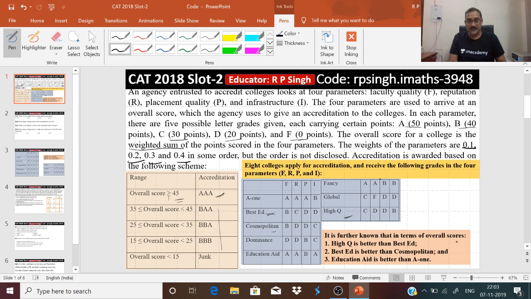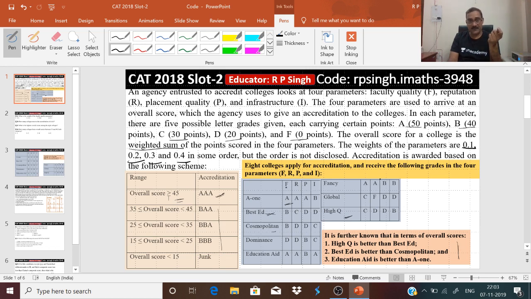So by using this information and the information given in the question, we will first of all identify the weights of the parameters. Only then we will be able to calculate the total score of a college, because total score is the weighted sum, means weight multiplied by the grade point. Like A1 in the faculty quality got A grade, right, means 50 points.